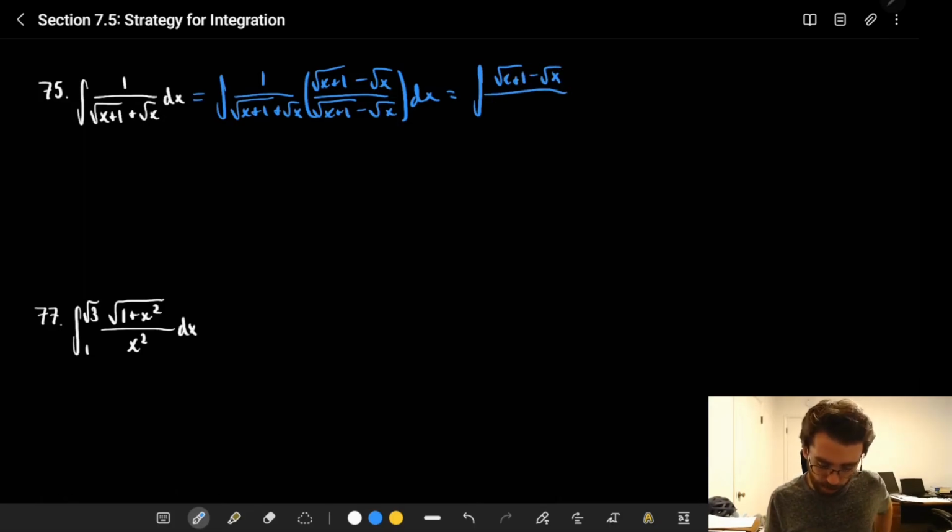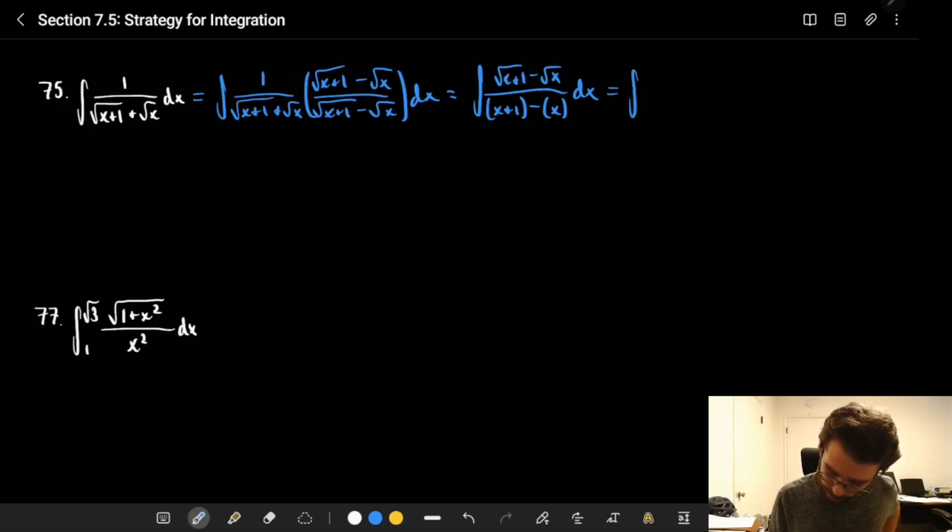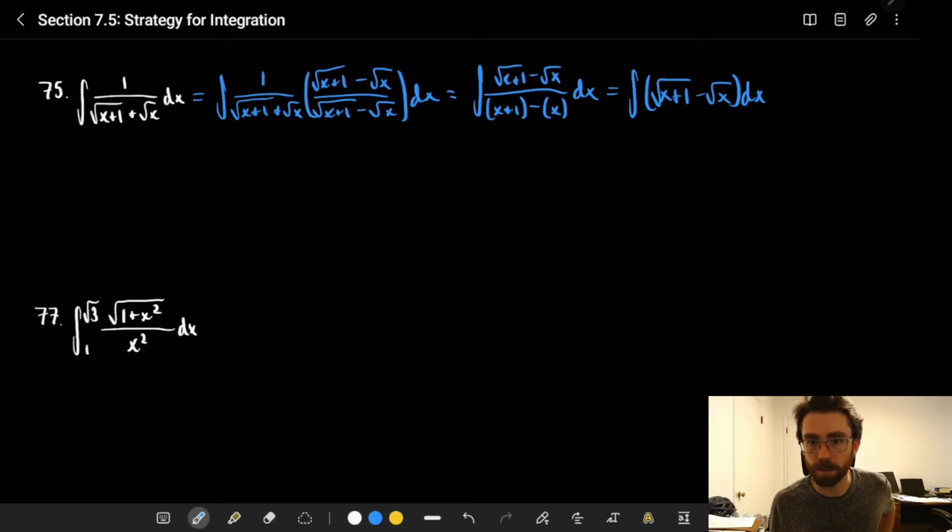Bottom is a difference of squares. Root x plus 1 times itself is x plus 1. Root x times itself with a minus sign is just x. That's absurdly nice. The bottom goes away, it's just 1. So algebraic simplification helps a lot here.